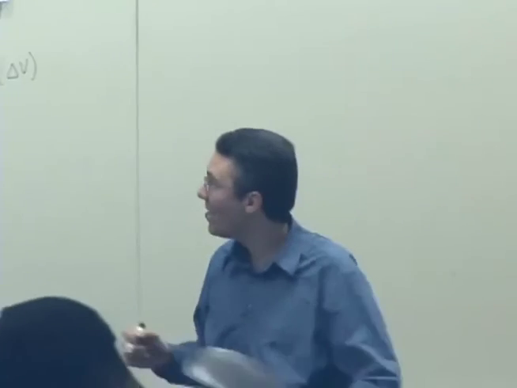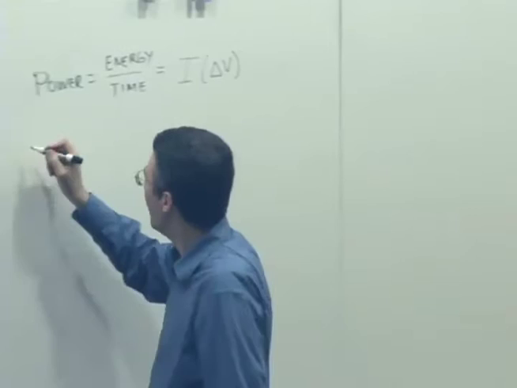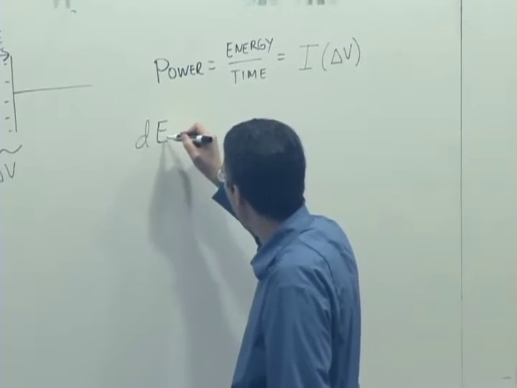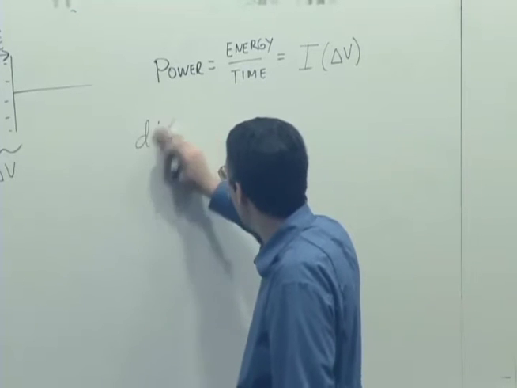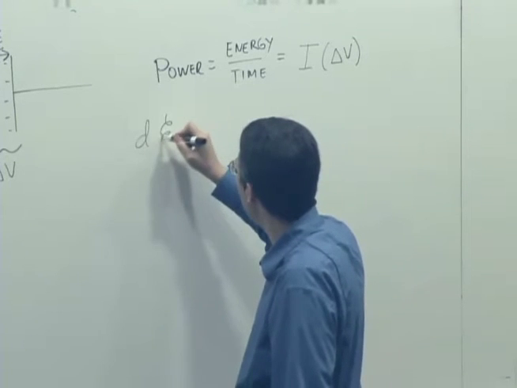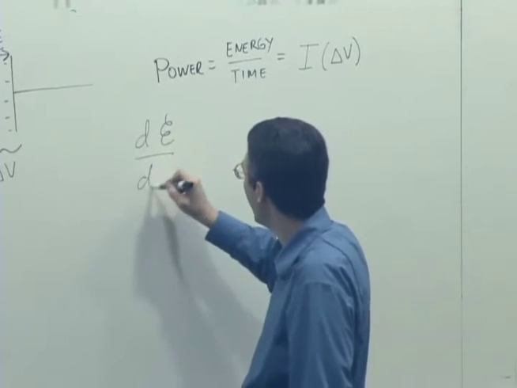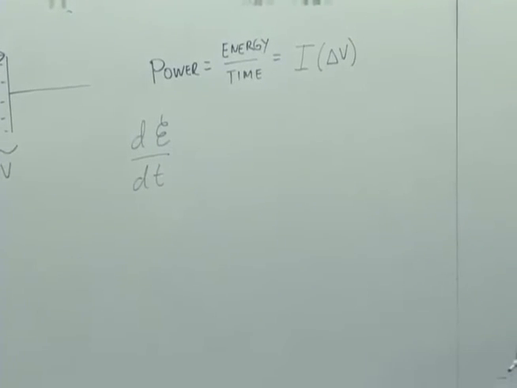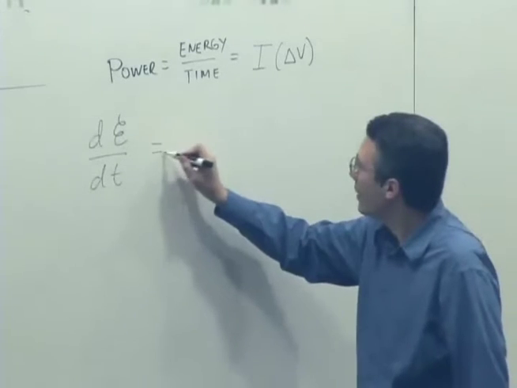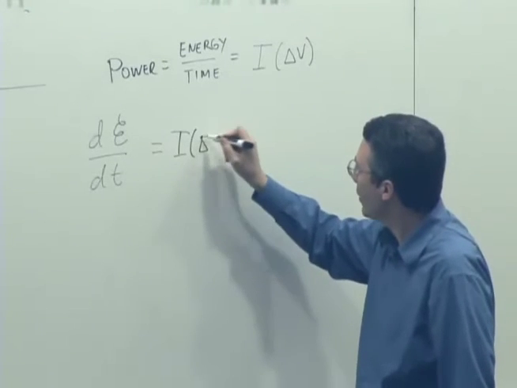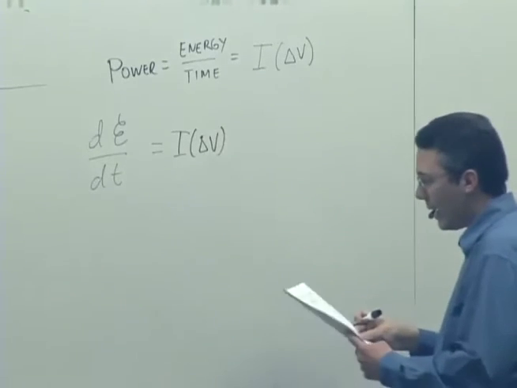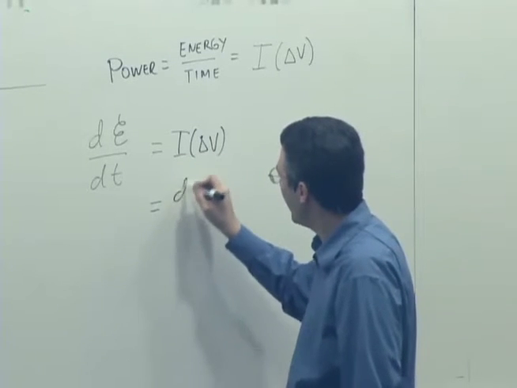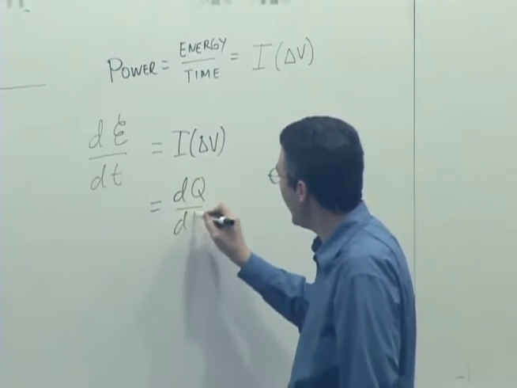So we can say that energy per time, meaning the rate of change of energy, and here I'm using a script E to indicate energy, to distinguish it from electric field, which is going to show up in this equation. So dE/dt is I times delta V, and the conventional current is dq/dt, right?